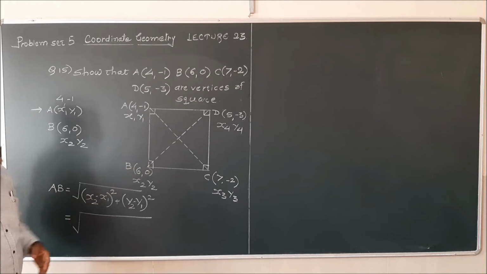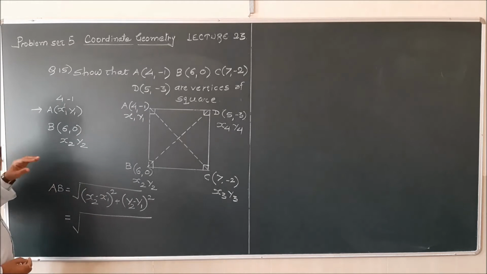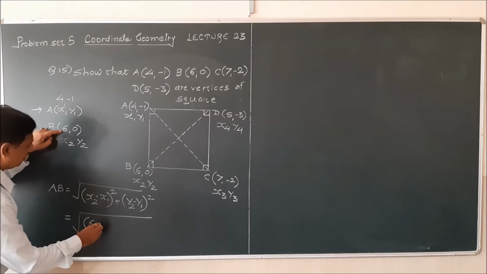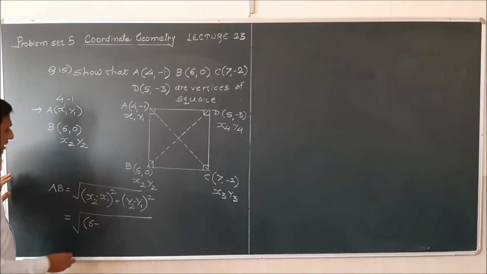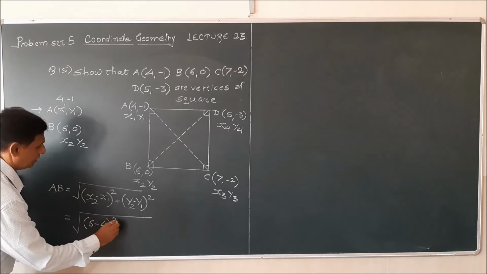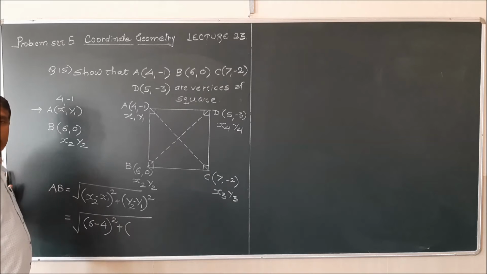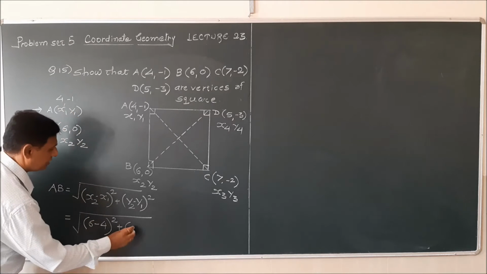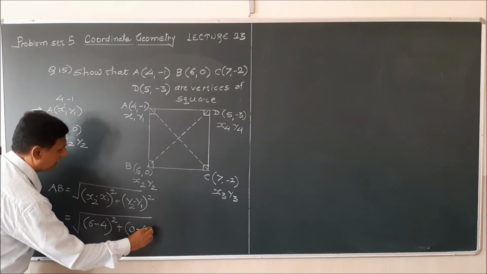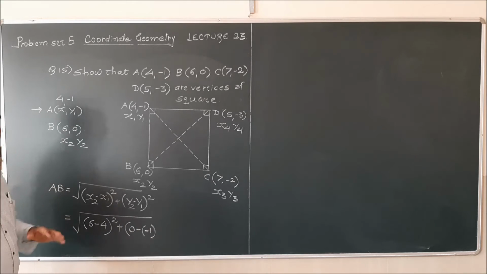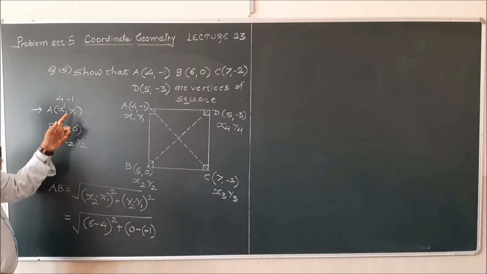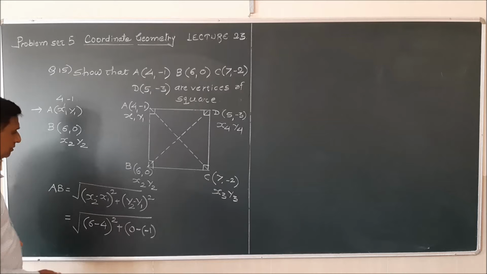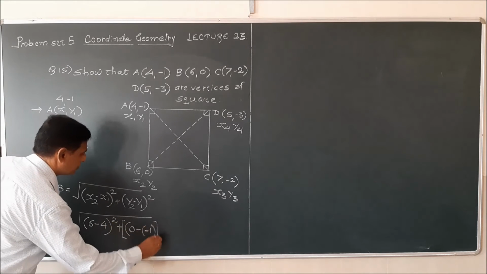I am finding out the value of AB. Now you will find x2. What is x2? 6. So 6 minus x1, which is 4, the whole square plus y2 minus y1. So y2 is 0. Be careful here: 0 minus of minus 1. Very important. That y2 minus y1 is 0 minus of minus 1, the whole square, of course.